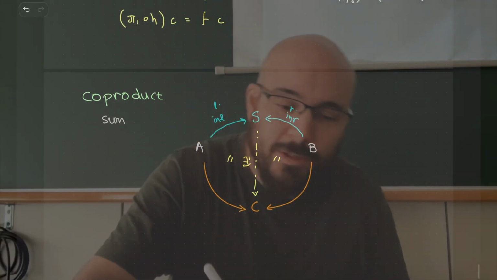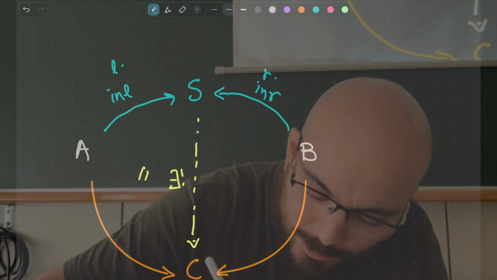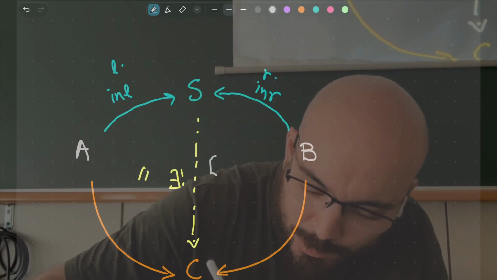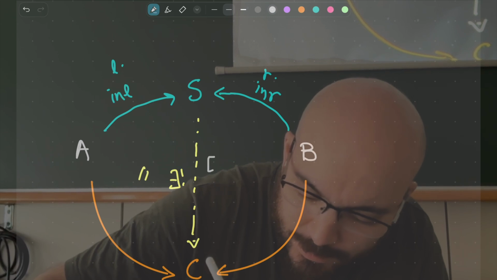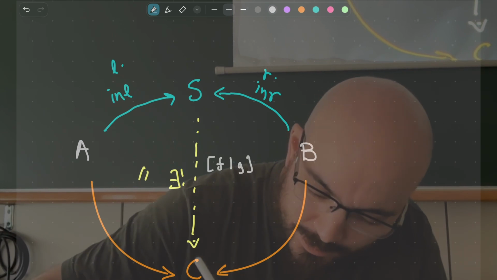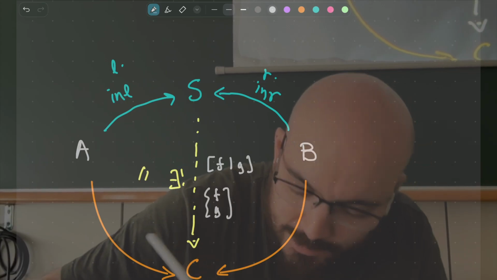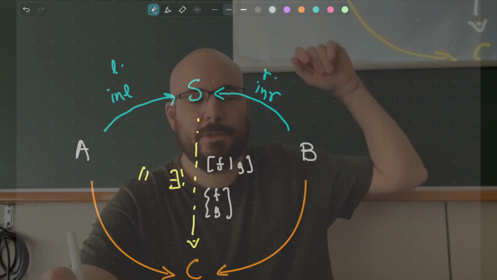Similarly, I should give a name to this one. There are two names that I will be using in the whole of this course. It will be either this, F or G, or this. This is supposed to be a curly, just two different notations for the same thing.